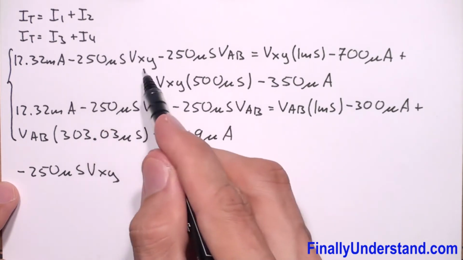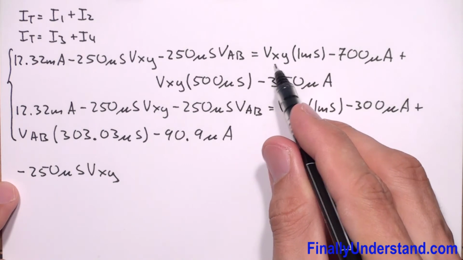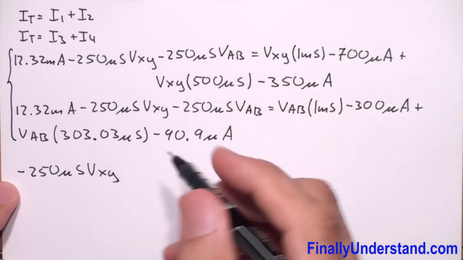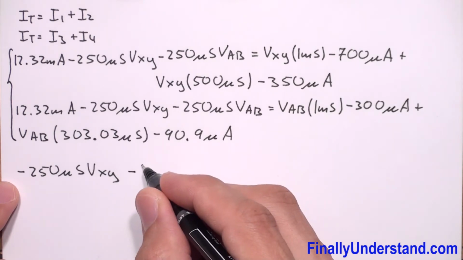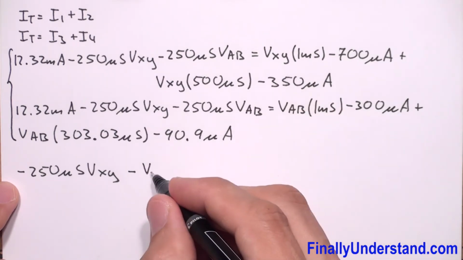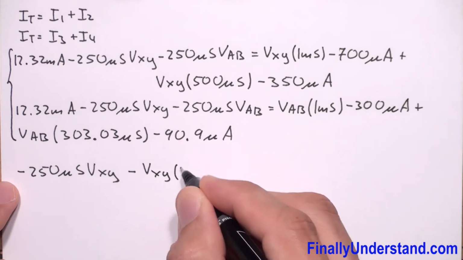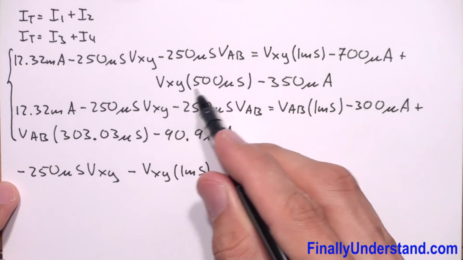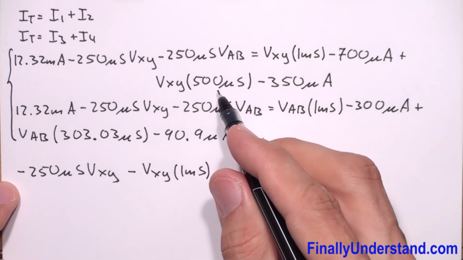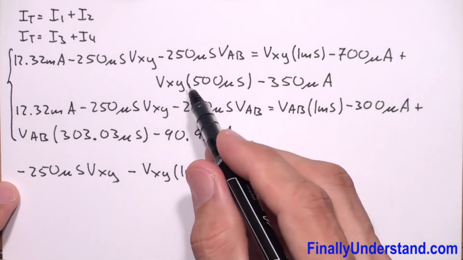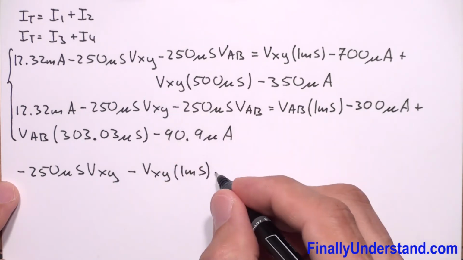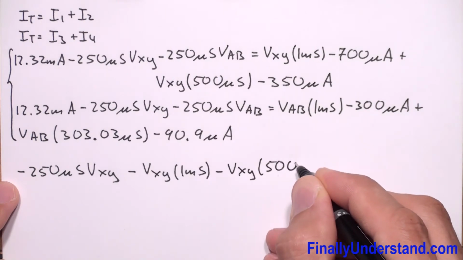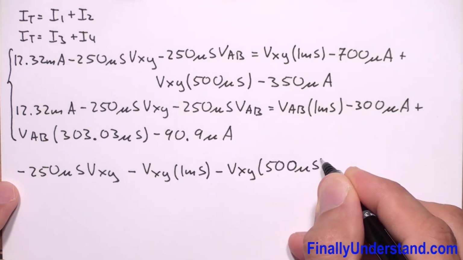On the right side I have VXY 1 millisiemens, so I'm going to move this to the left side, so I have negative VXY 1 millisiemens, and I have also VXY over here, so I'm going to move this to the left side also, change the sign, so I have negative VXY times 500 microsiemens.